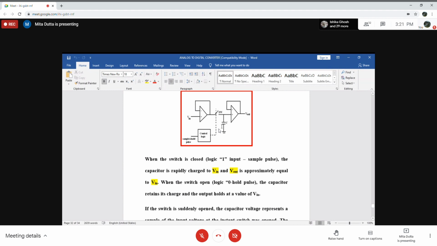So the sample and hold amplifier works in two modes, sample mode and hold mode. In sample mode, the capacitor is charged up with the input analog voltage when the switch is closed, and when the switch is open, since the capacitor has a property of holding the charge, it holds that voltage until the switch is again closed.